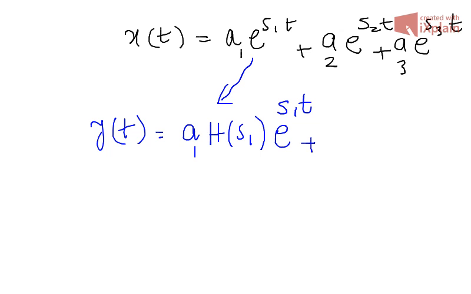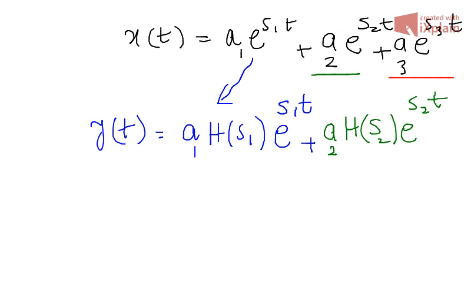Similarly, for the second term the output of the system would be a2 H of s2 e raised to the power s2 t, the input signal. And for the third one, we have a3 H of s3 e raised to the power s3 t.